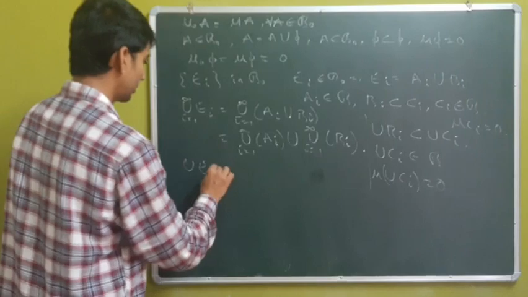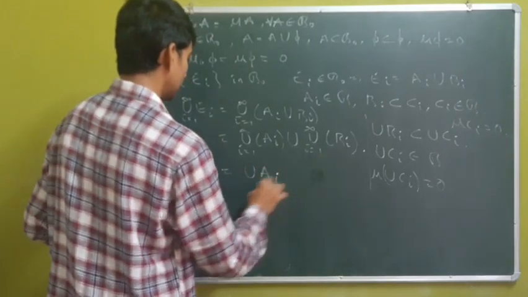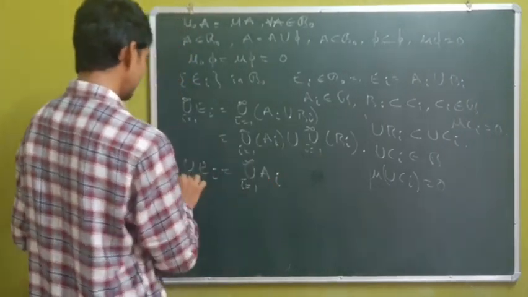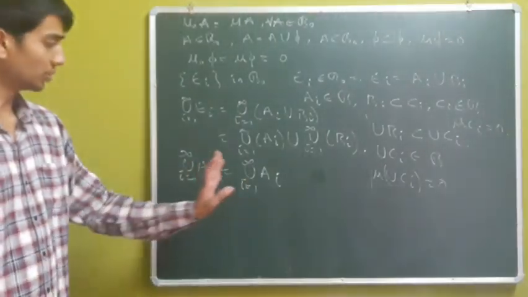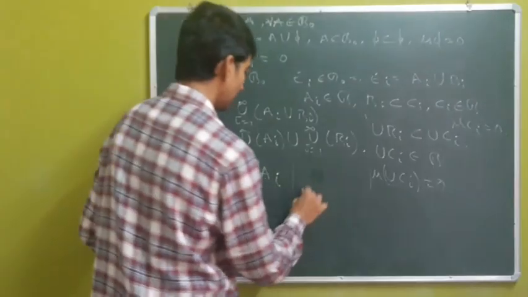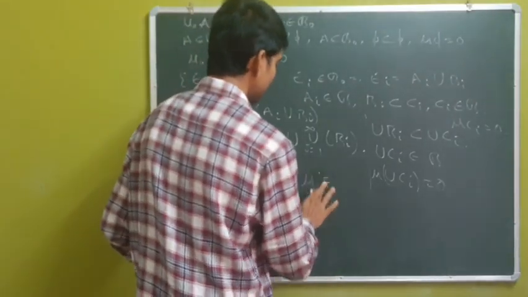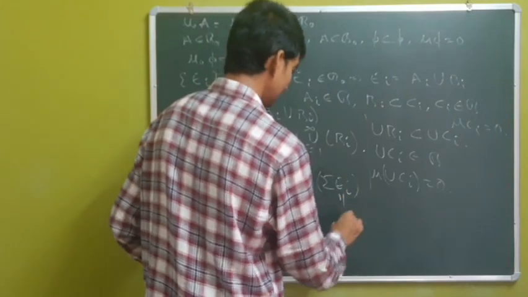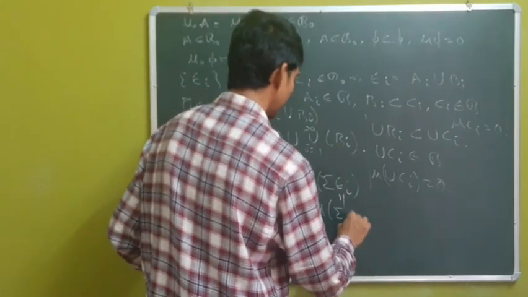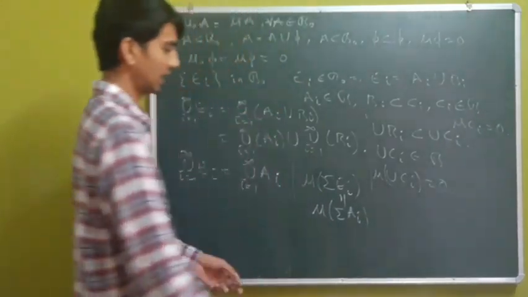So I am left with the countable union of the E_i being the same as the countable union of the A_i.